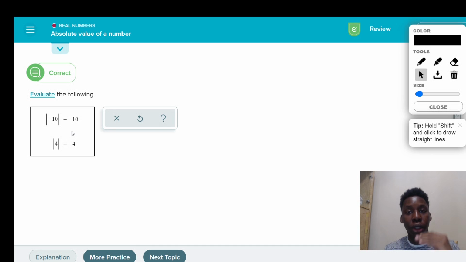So whenever you see a negative number in between the lines, just put in that same number but change the negative to a positive. And in the positive case, you can just leave it as it is.